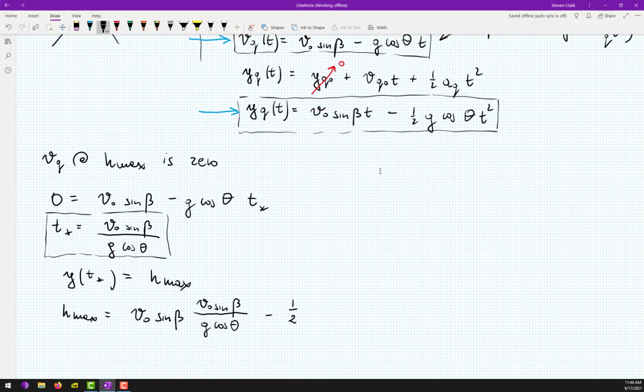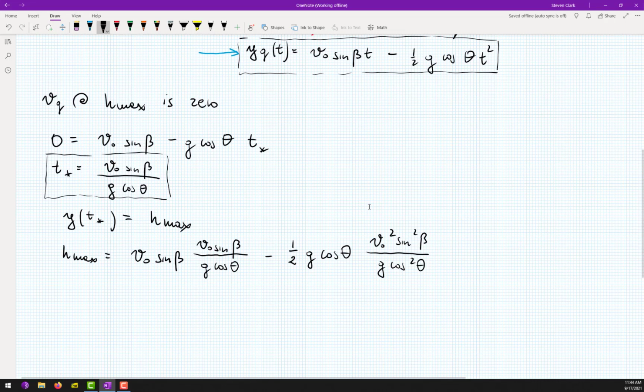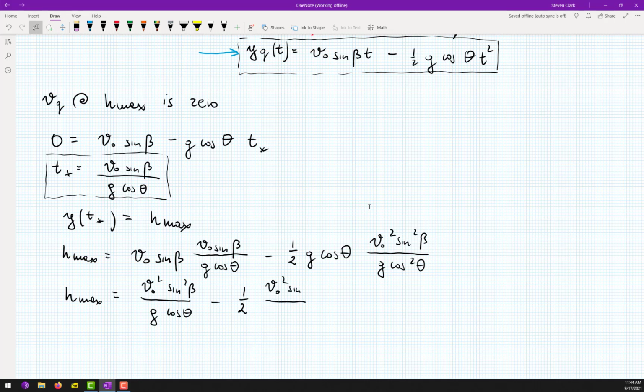I know, guys, that you know how to do the rest, so I'm just going to do it quickly. Let's simplify that. H max is equal to V0 squared sine squared beta over G cosine theta, minus 1/2 of exactly the same thing, V0 squared sine squared beta over G cosine theta.